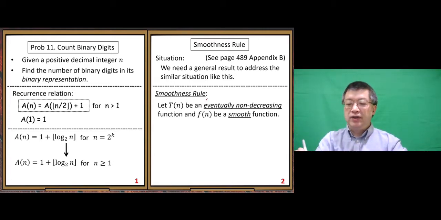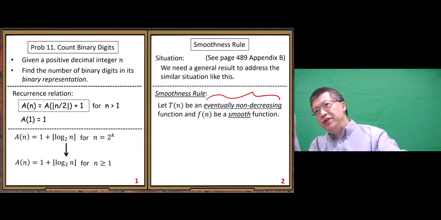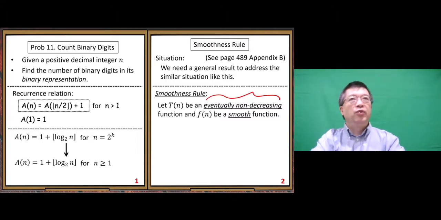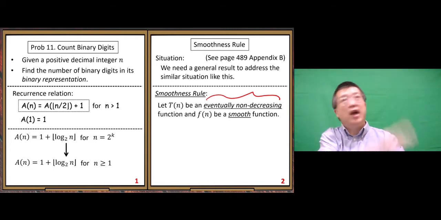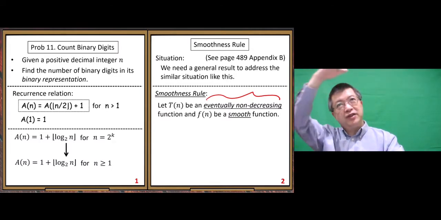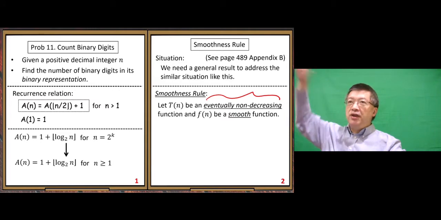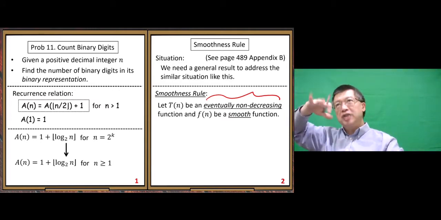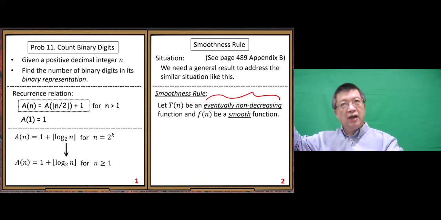First, we define a special function called eventually non-decreasing function. We will define it in the next slide, but you can guess its meaning is obvious. Non-decreasing, you know the meaning, right? The function non-decreasing. It can be increasing or it can be flat, or sometimes flat, sometimes increasing, but non-decreasing.